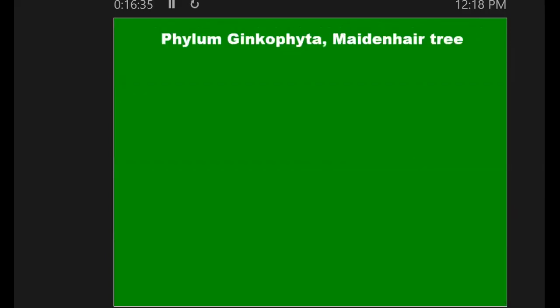This next one is really weird because if you didn't know any better, you'd say, oh, this is an angiosperm. Phylum Ginkgophyta, or the maidenhair tree. There's only one left. We only see Ginkgo biloba, unless somebody stumbles on one in the deep forest and discovers a new species. This is the only one we know of.